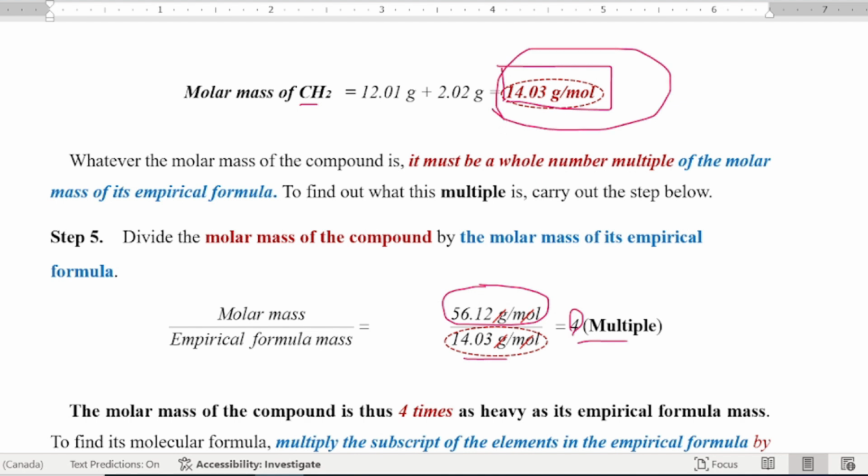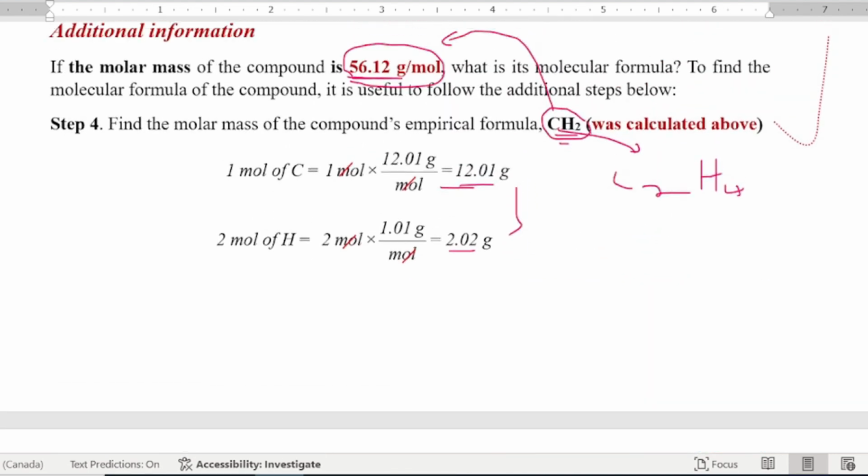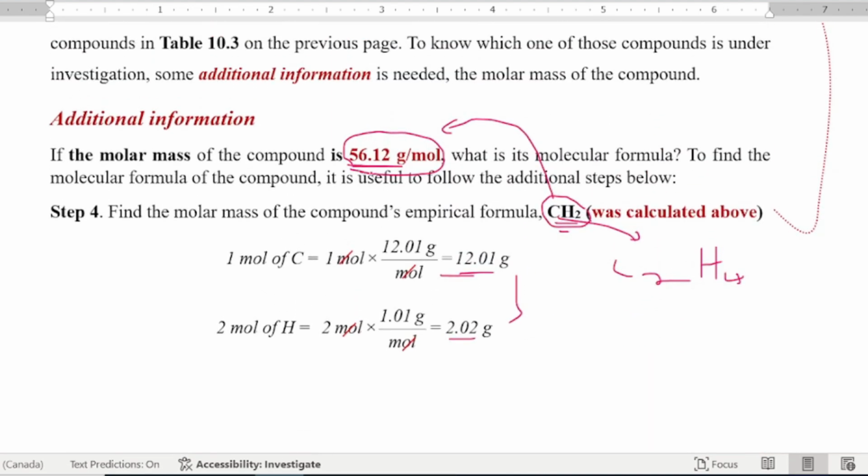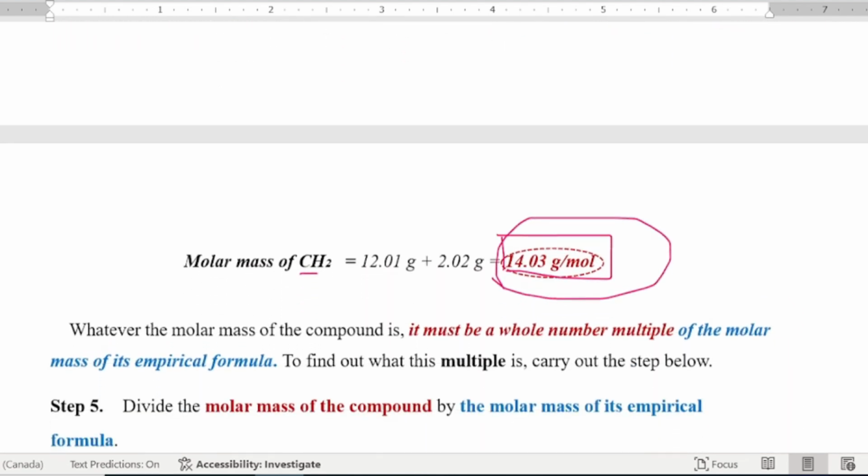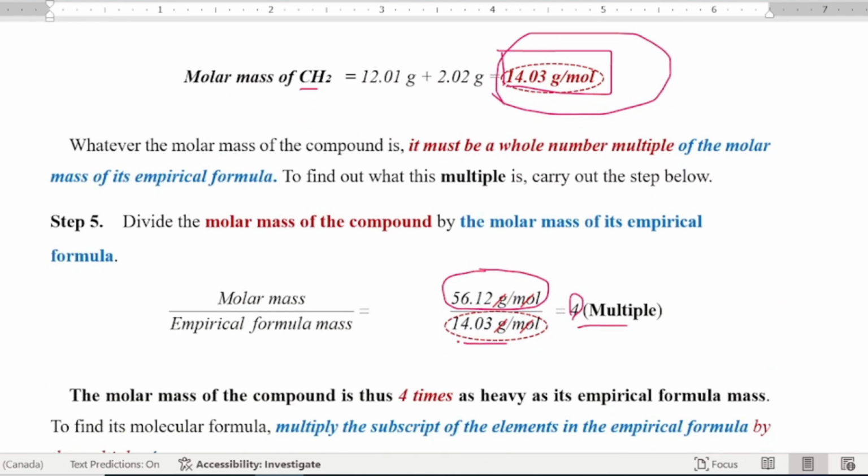Now they have given you the molar mass of the compound, which is this, all right? You take that and divide it by the empirical formula mass to see how many times that compound is as heavy as its empirical formula. It'll give you a multiple here.